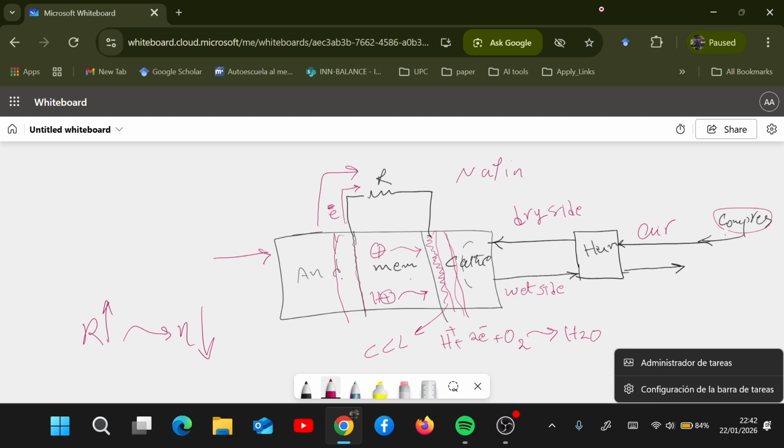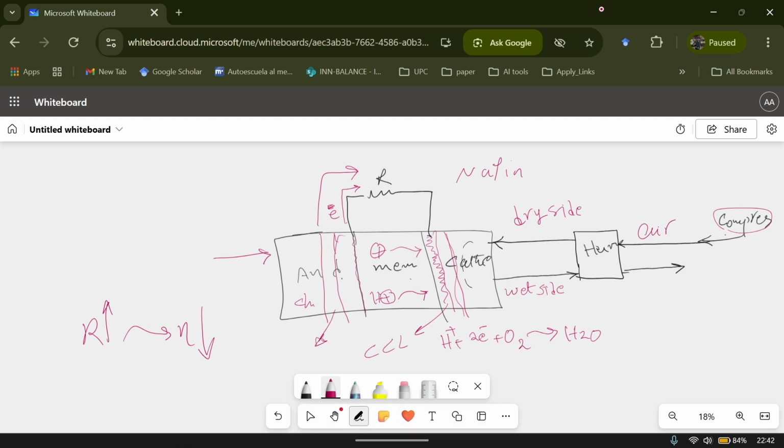As you know, in the stack we have the channel, then a layer we call the diffusion layer, and the last layer, which is very thin, is the catalyst layer.